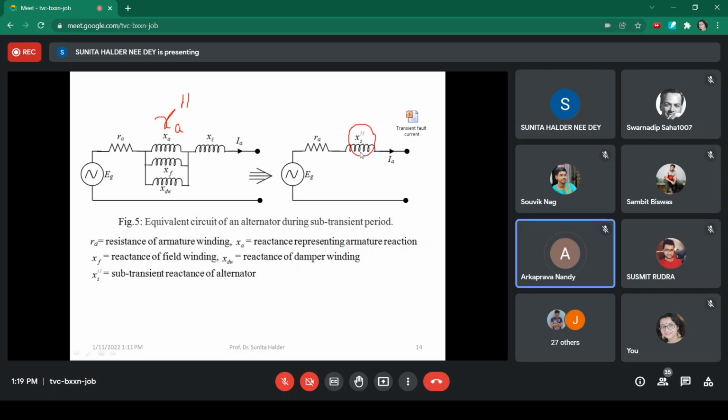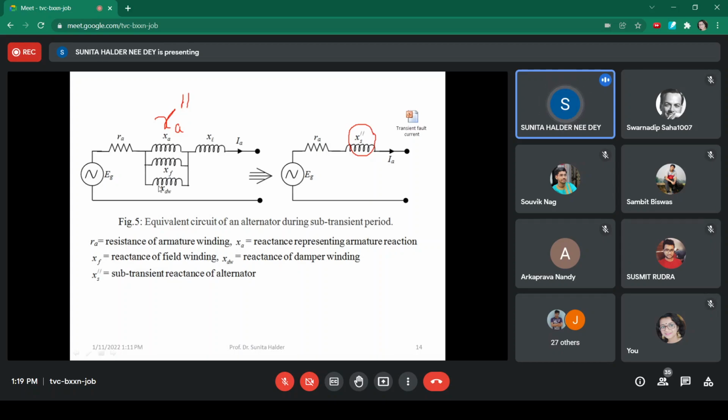Yes, ma'am. In the same way, the damper winding is for any short term crisis, so it has a very short time constant. Within a very short time its flux will die down because it is a short circuited winding, and if the flux is dying down, then there will be no reactance, so it will be open circuited. So only the field winding will be there to maintain the armature air gap flux, although it is not fully possible.